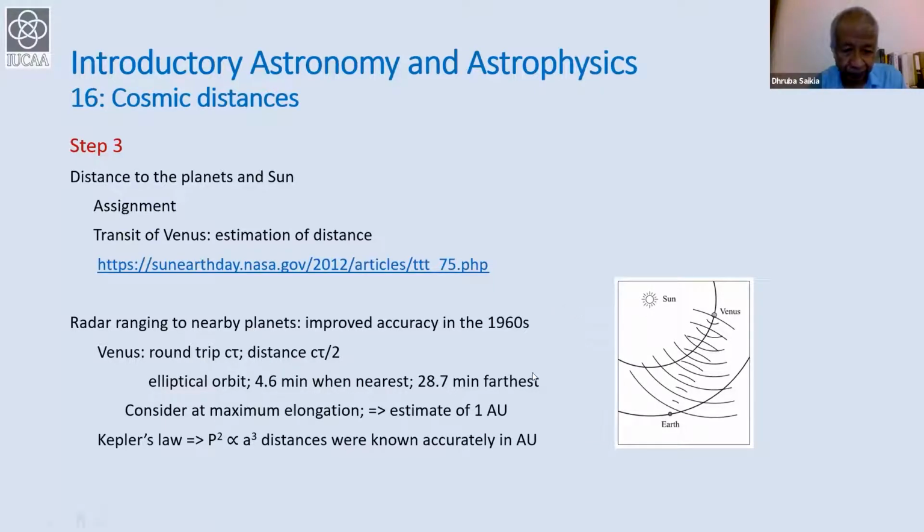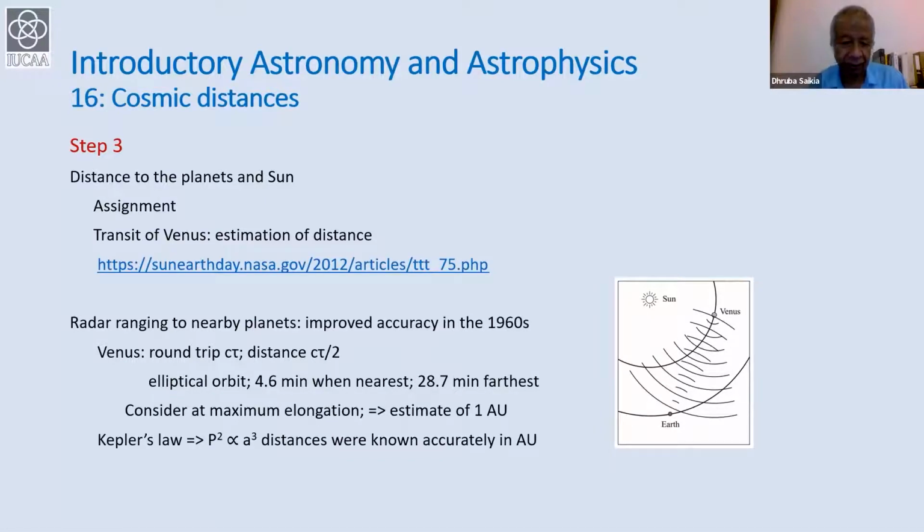Now, for example, over here a diagram of a beam bouncing off Venus is being shown, and you can see that once you make these measurements at the maximum elongation, you have a right angle triangle. And if you know the angle over here, you know the distance from here. You can also measure the astronomical unit distance between the Earth and the Sun, as well as between Venus and the Sun.